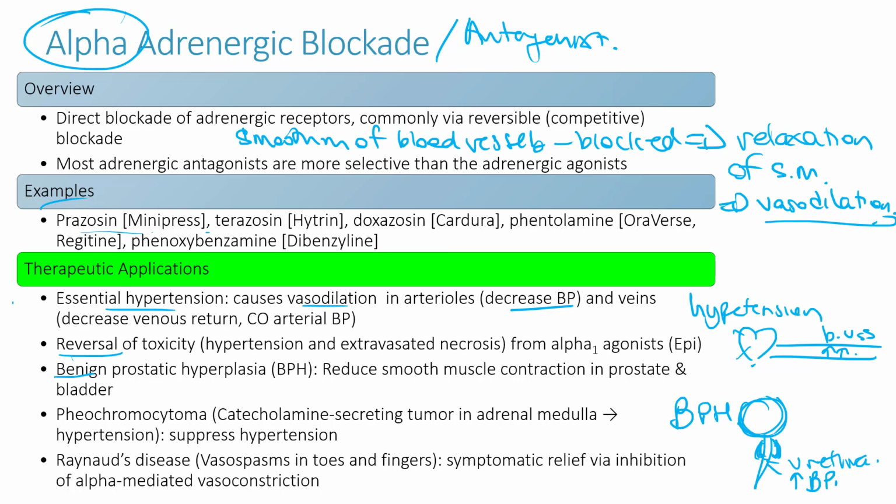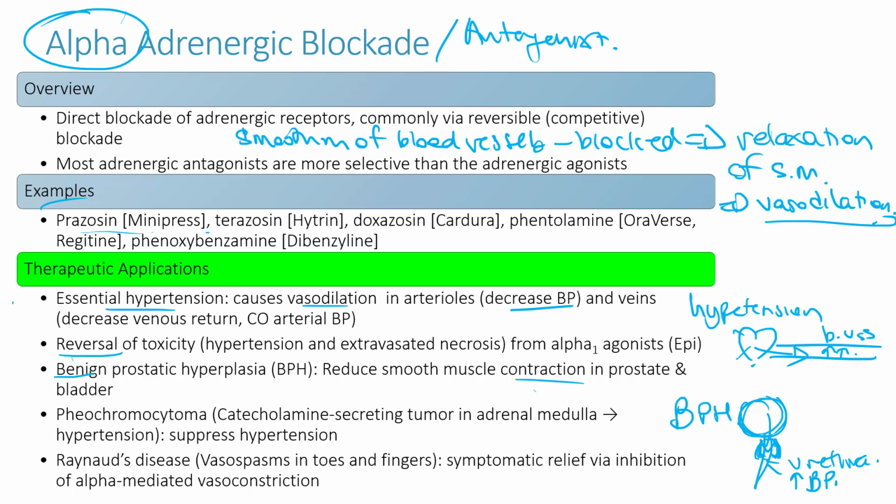Smooth muscle of the bladder working harder to push urine out is very similar to the heart needing to work harder to push blood out. All right. So again, this relaxes the smooth muscle contraction in the prostate and bladder, so it's easier to manage.